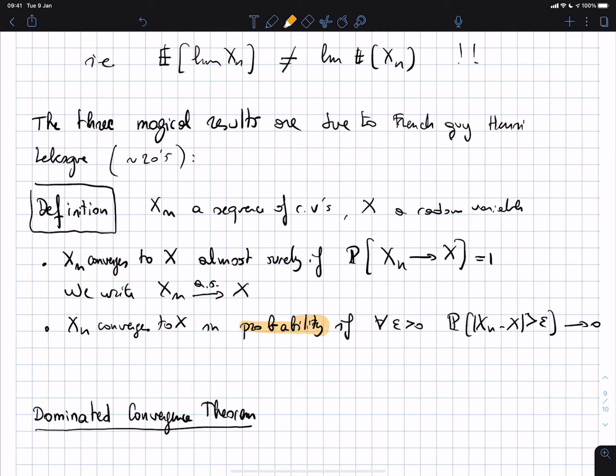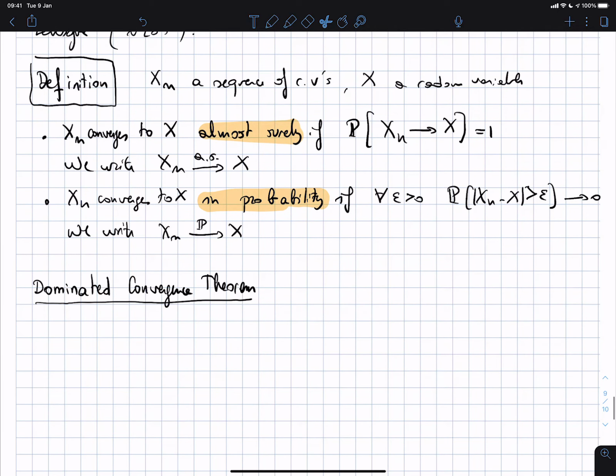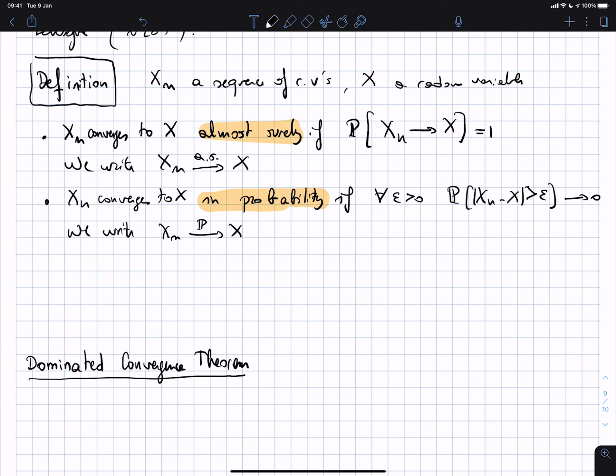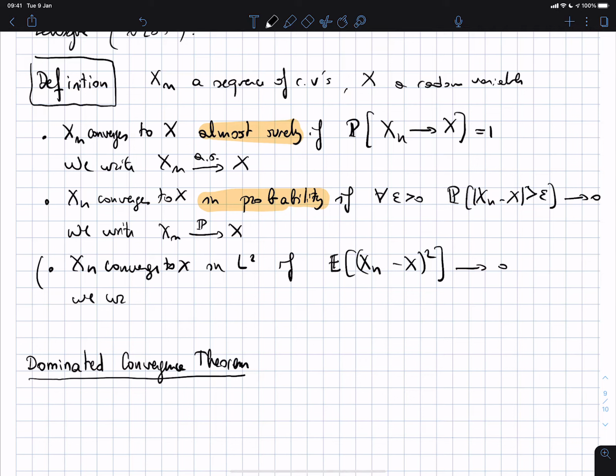So in probability, almost surely, we write this, and we say that Xn converges to X in L2. We've already seen this, so I'll just put it in parentheses. Xn converges to X in L2 if expectation of Xn minus X squared goes to 0. And we write this.